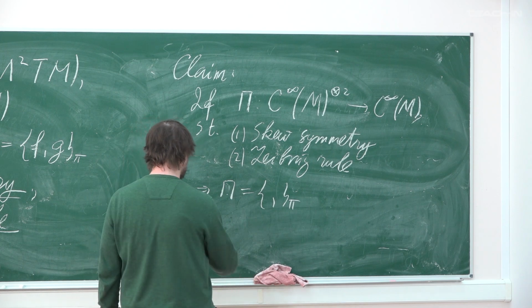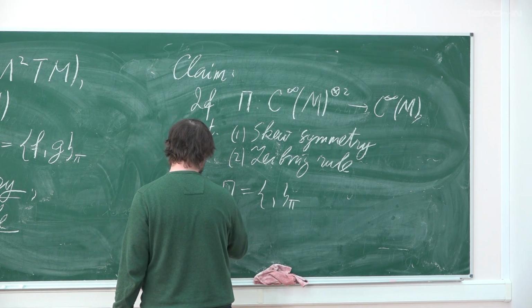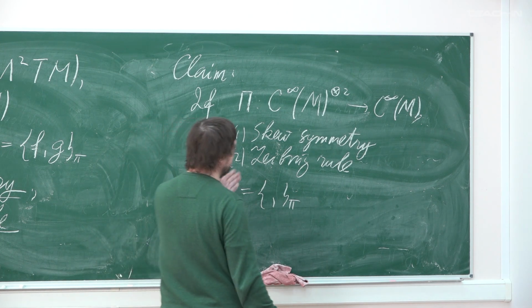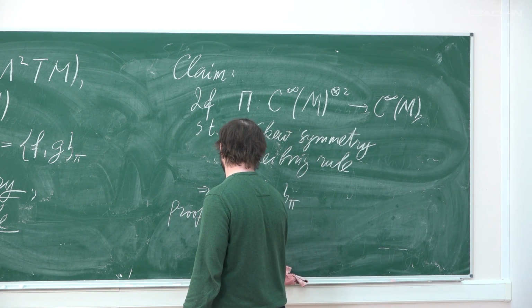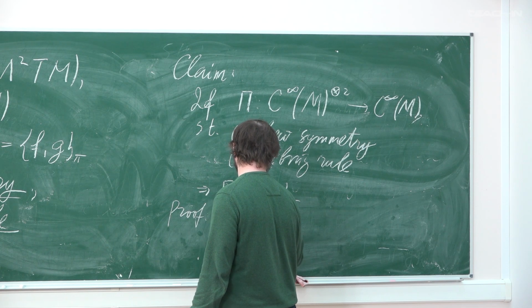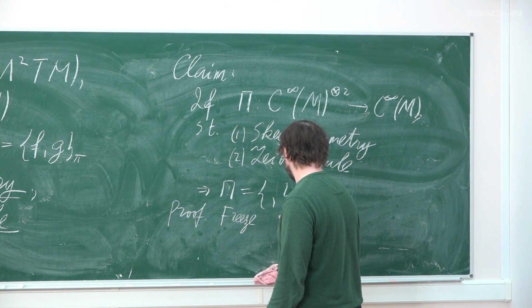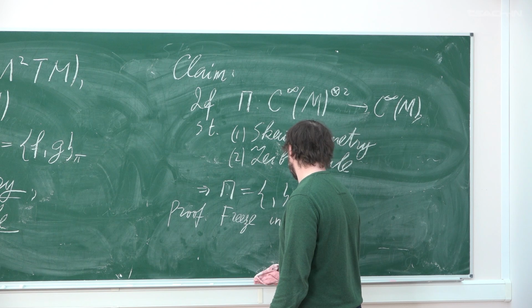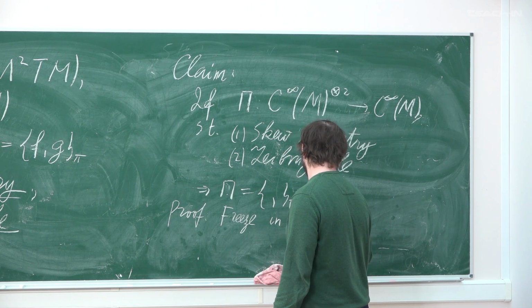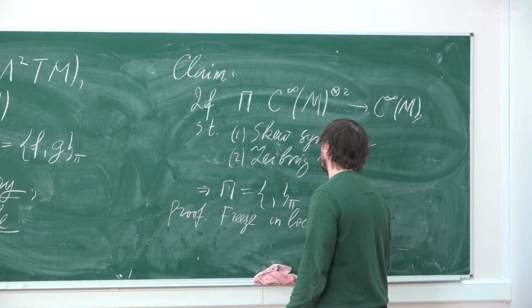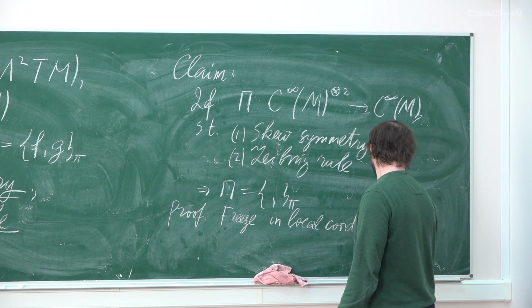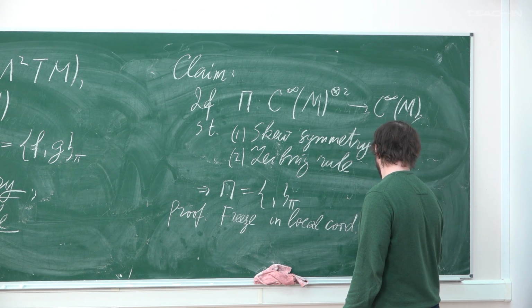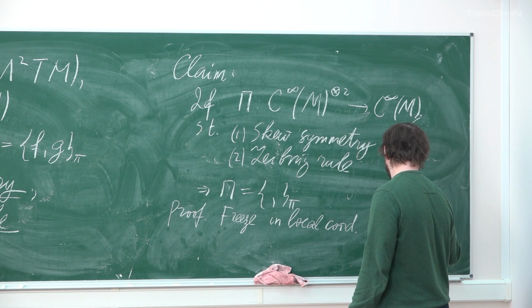The proof is pretty simple. Just freeze one of the arguments. For instance, take f equal to x_i.